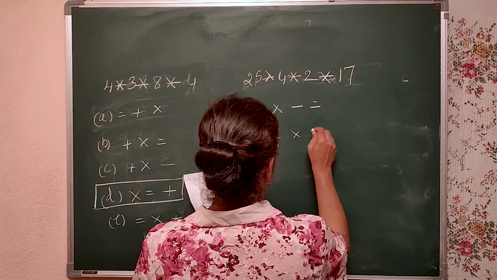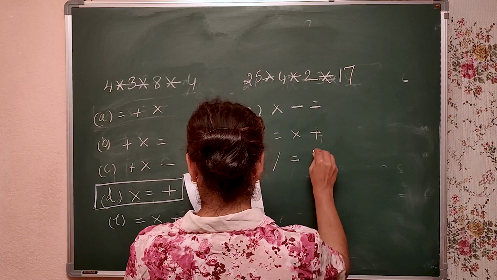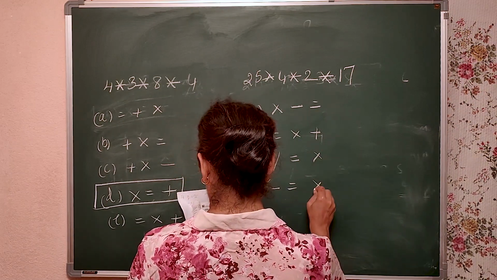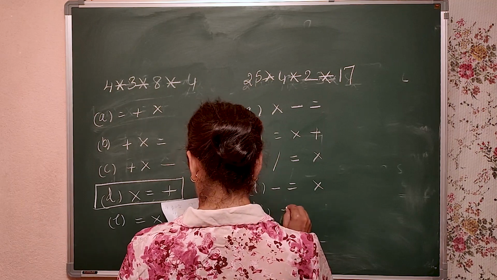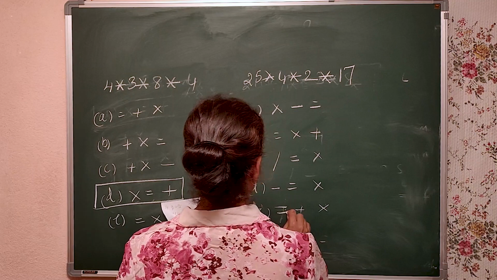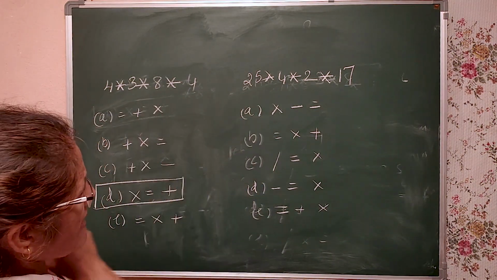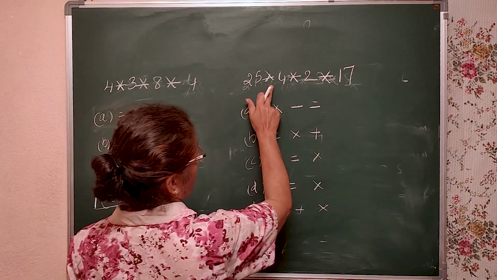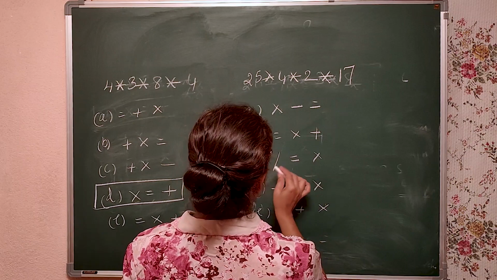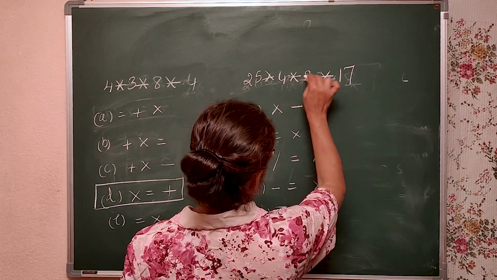C: division, is equal to, into. D: minus, is equal to, into. E: is equal to, plus, into. Now, as soon as I look at it, 25 is equal to 4 2s are 8 plus 17. Maybe this is correct. Is equal to 4 2s are 8 plus 17. B is correct.